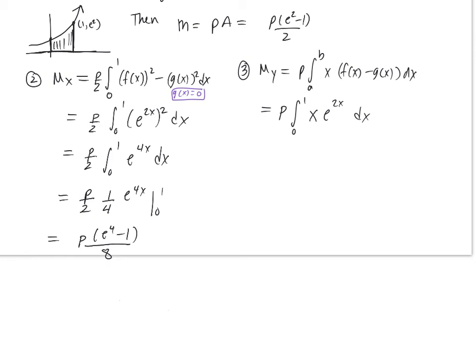Okay, so what integration technique are you going to have to use to do that guy? Integration by parts. So u is equal to x, du is equal to dx, dv is e to the 2x dx, and v is half e to the 2x. I'm just going to have that in a thought bubble.